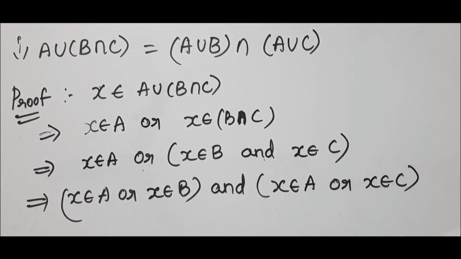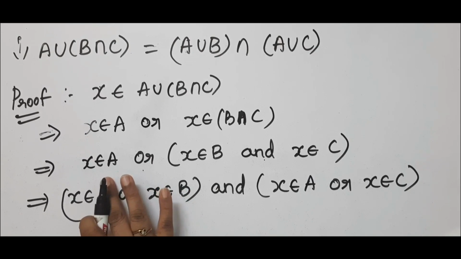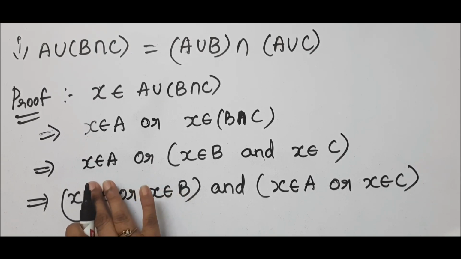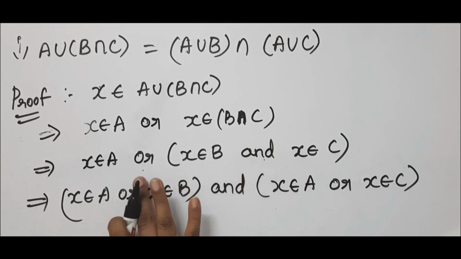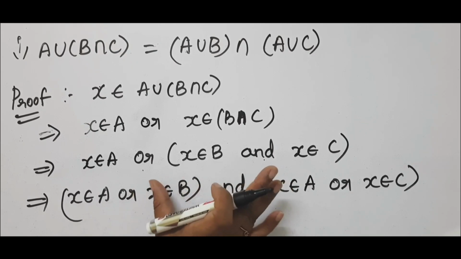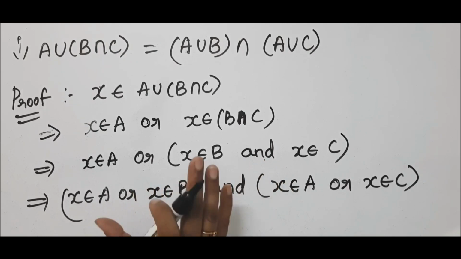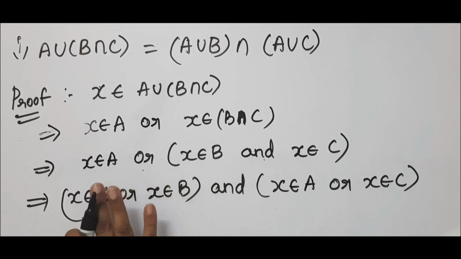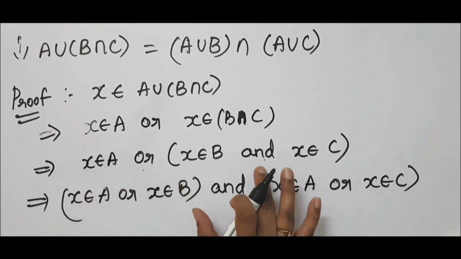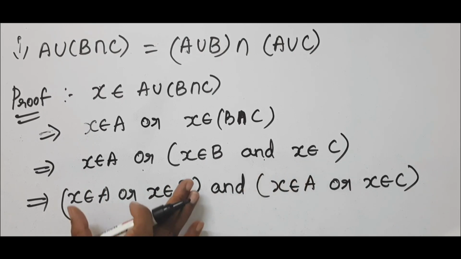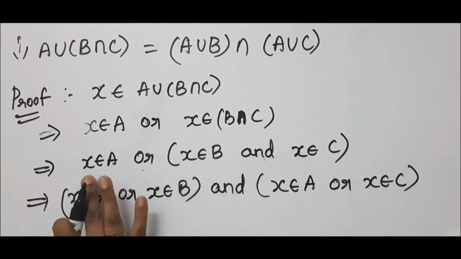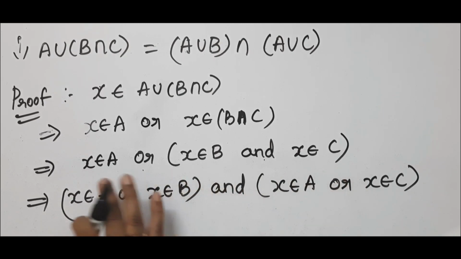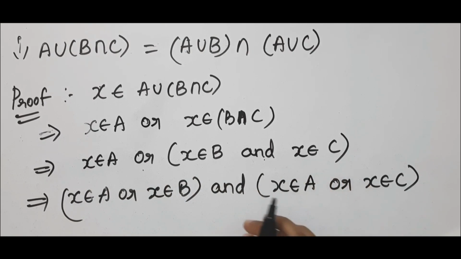Okay, understood? Till now it is shown that X belongs to this set as well as B intersection C. As two different words are there, "or" and "and", these two words make a lot of difference in case of elements. So first you have to join these two sets and show that this belongs to these two sets, and next you have to join sets A and C and show that this element belongs to these two sets, with "and" in the middle, that is, this is the common element.